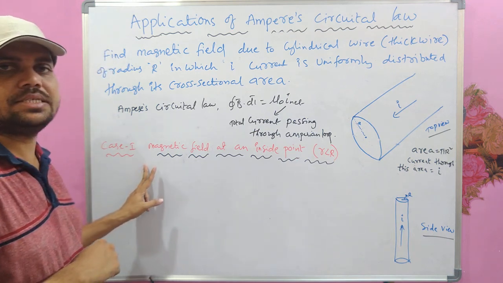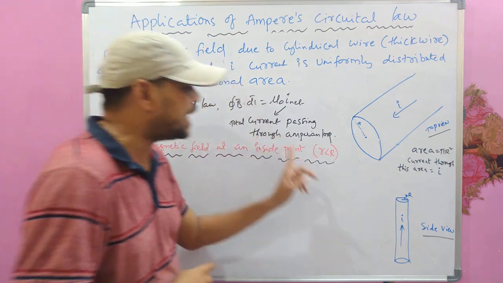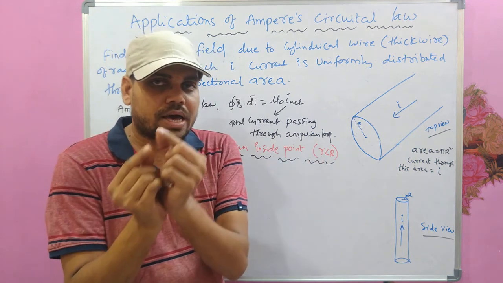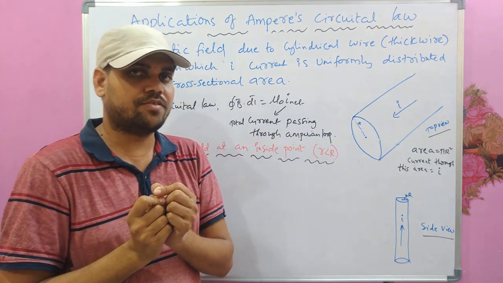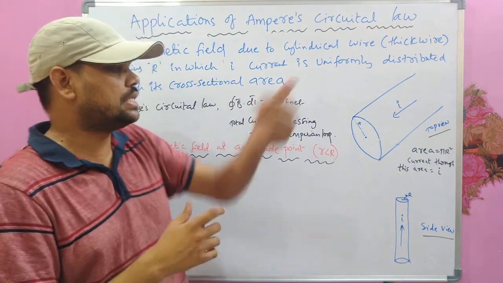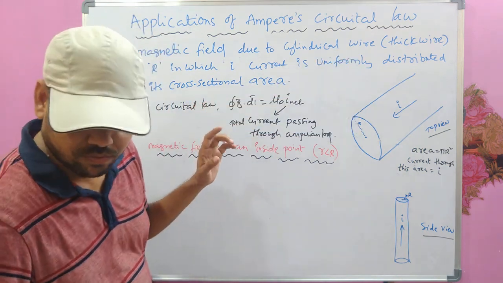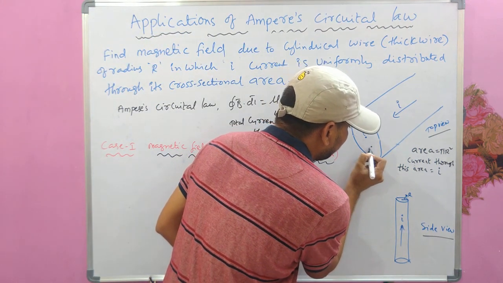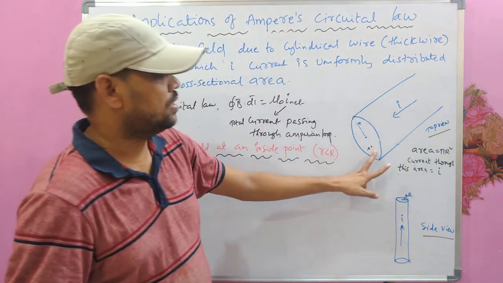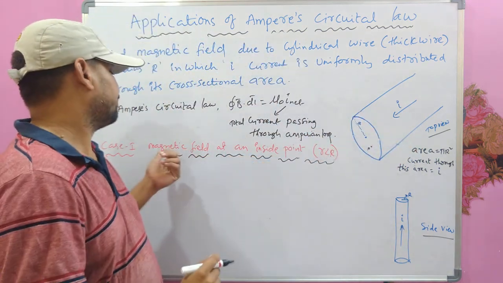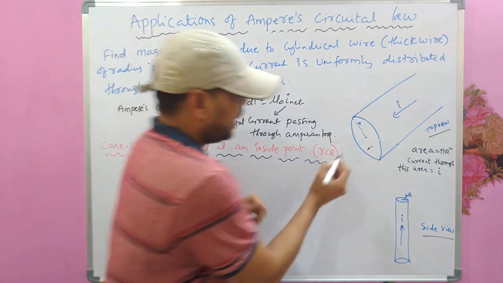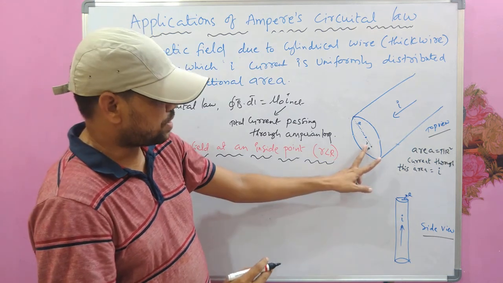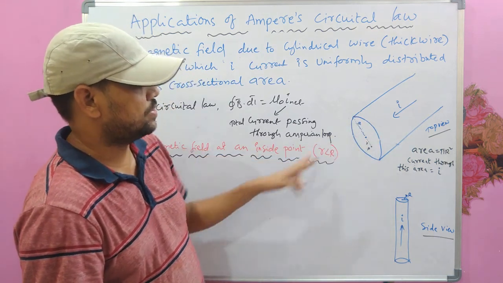Case one is the magnetic field at an inside point, where the point is at a smaller distance from the center of the wire, which is less than its radius. What does that mean? I am going to calculate the magnetic field at this point P, which is inside this wire, and its distance from the center is smaller than capital R, its radius.